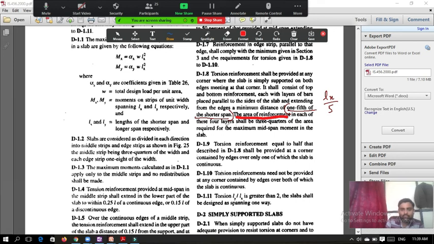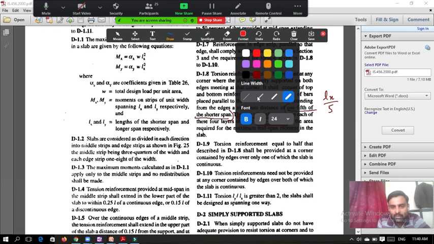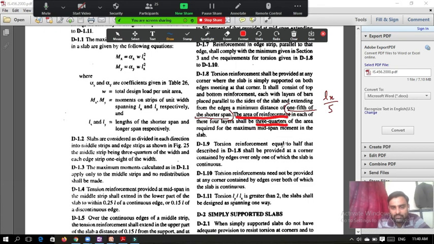3/4 of the area required for the maximum midspan moment in the slab. So here they have given it as 3/4. Quarter means 1/4, and 3/4 means 3/4. So I can say the area of this torsional reinforcement is equal to 3/4 of the area in the x direction.